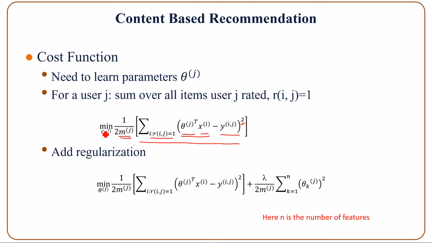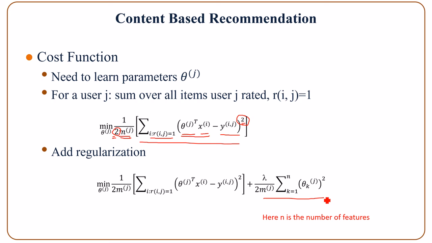The number 2 here is simply to make the derivative look better. When we take the derivative of the cost function, these two would cancel the other two. We also add the regularization term.